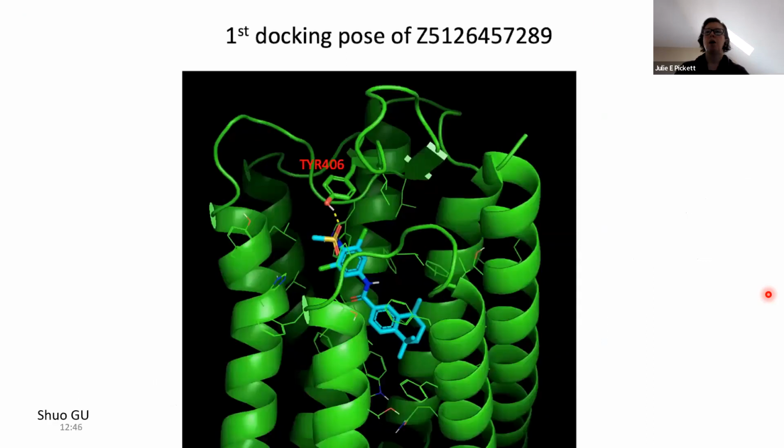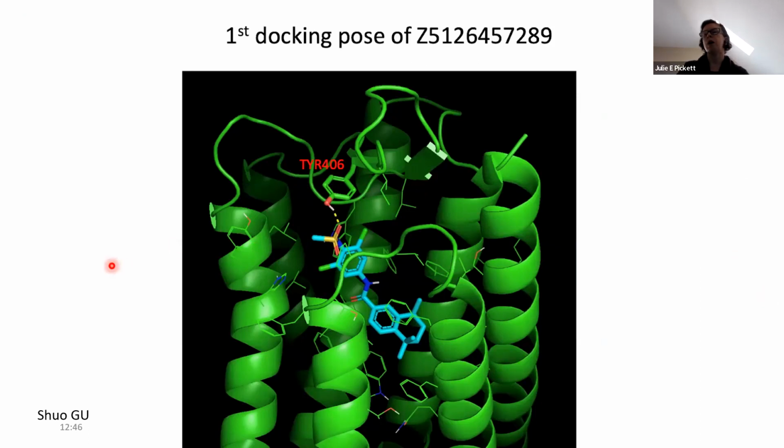Okay. Our collaborator, Shuo, had docked 289 in the structure. There is a solid cryo-EM structure of GPR97. So Shuo docked 289 in GPR97 and got two viable poses. One is dominated by the methylsulfonamide interacting with tyrosine 406 in the ECL2 portion of GPR97.